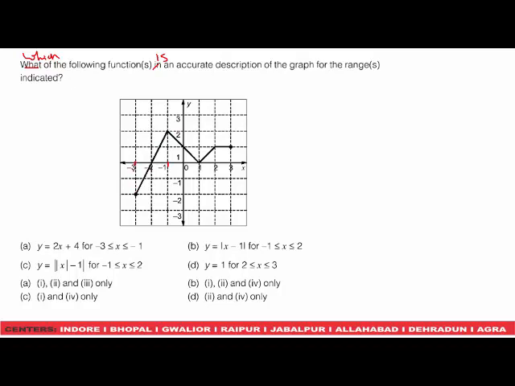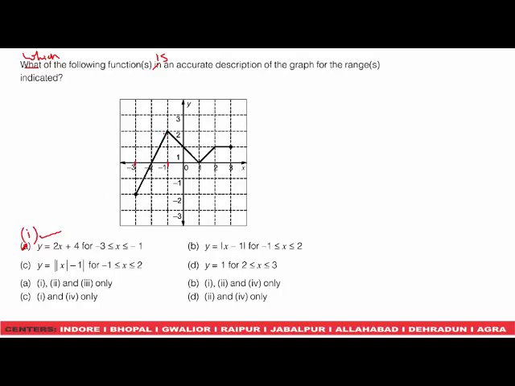So for -3 to -1 the curve is given as a linear increasing curve, and we must verify. Let us put x equal to -1, we should get 2. So when we put x equal to -1, this is 2 into -1 -2 plus 4 plus 2. So this is the correct description.